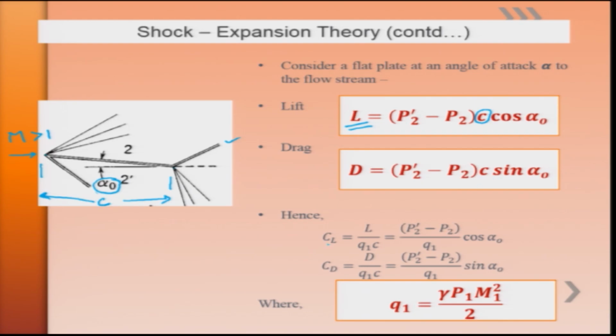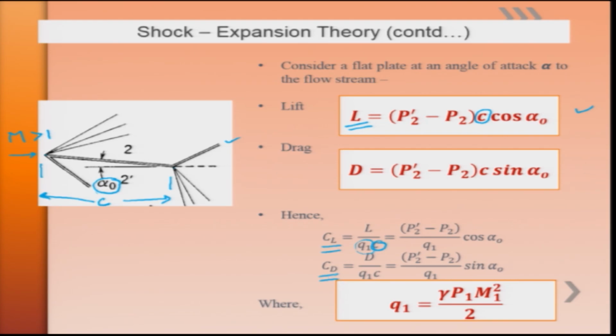Therefore, the lift and drag coefficients relate to lift over the dynamic pressure, half rho V square, and C per unit span. Replacing L with the first equation, CL is P2 dash minus P2 upon Q1 C times C cos alpha naught, whereas C is also in the denominator, so both cancel out.